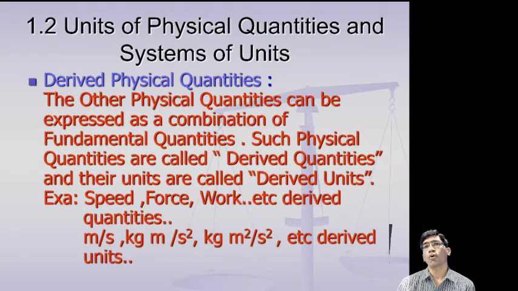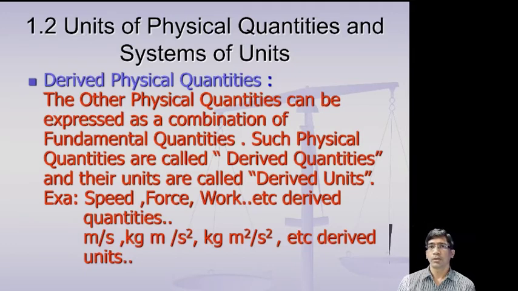So most of the quantities we know around us are derived quantities, and their units are derived units. We can take the examples speed, work, then pressure. These are derived quantities. Force is also a derived quantity.